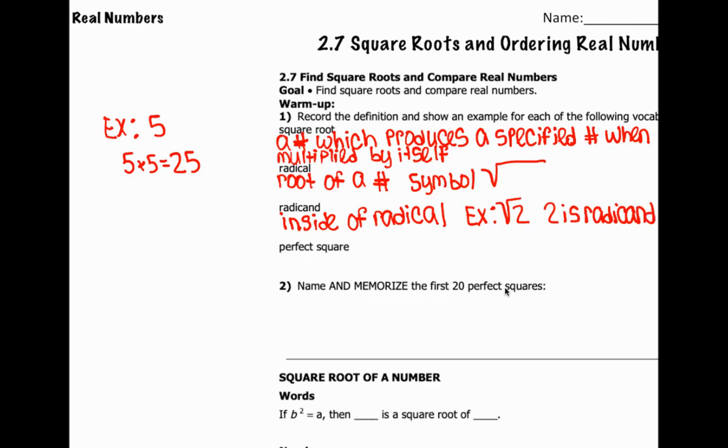Perfect square. So that's a number that is made by squaring a whole number. So some examples. It's a good idea to try to memorize these. So the first 20 perfect squares.